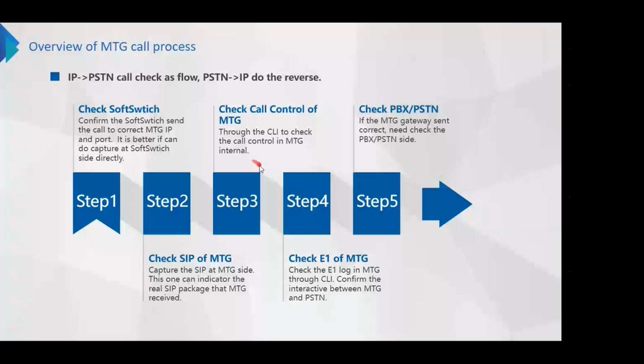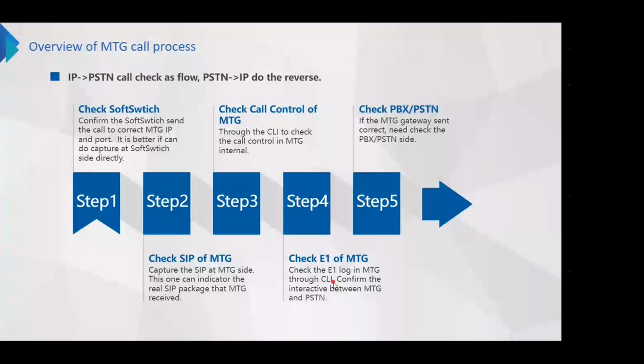In case that is correct, port number and destination number are correct, you can also check the E1. Make sure your E1 has the right connection and signaling is up and active. So you can check the E1 logs in MTG. Of course, we offer a command line to let you know the detail.